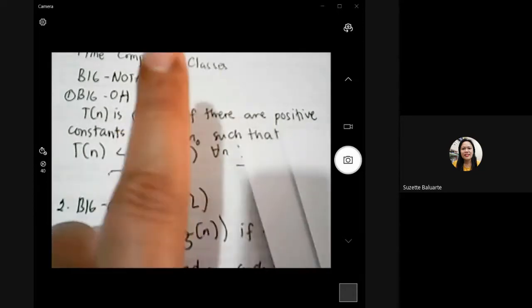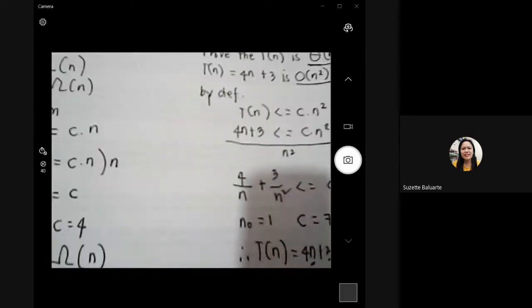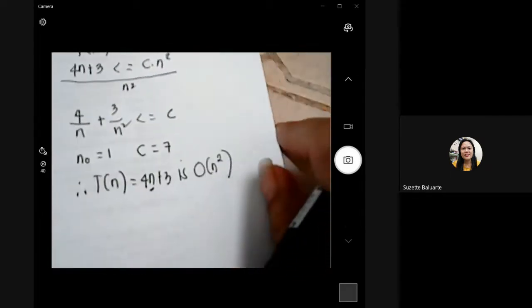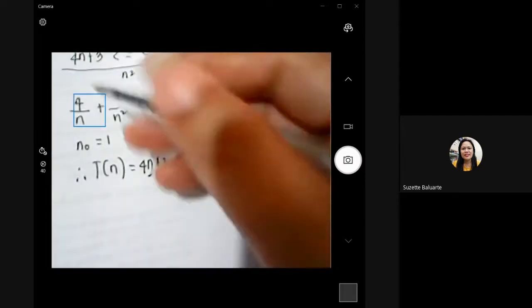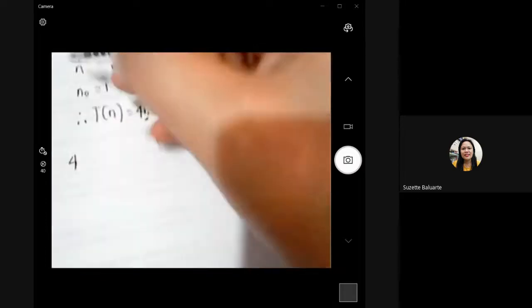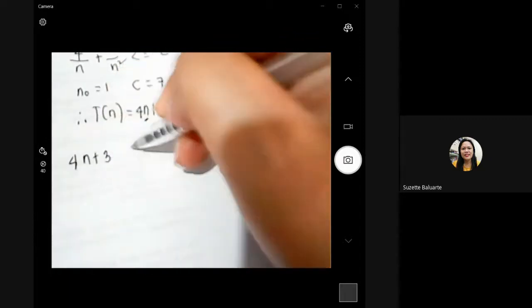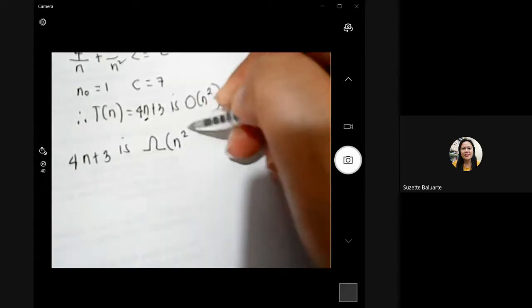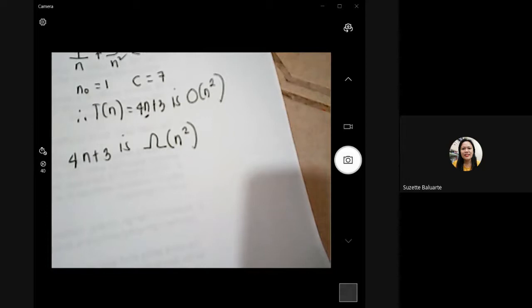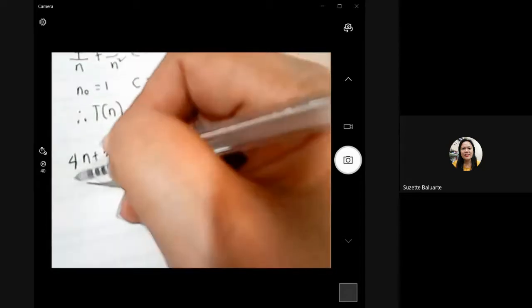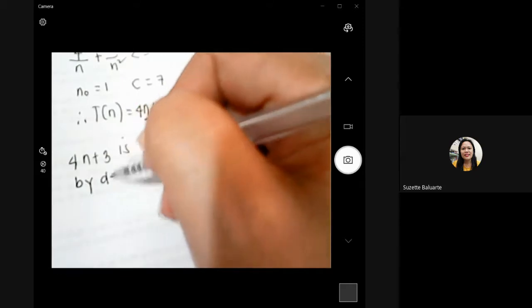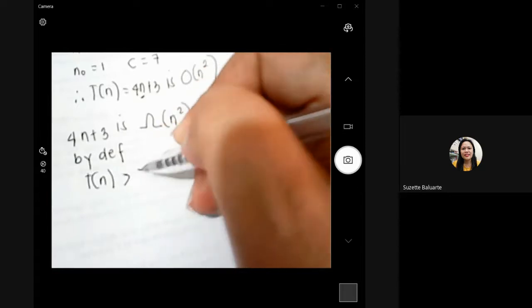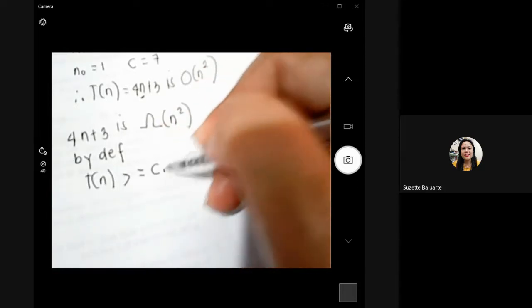Let's try to prove whether it is big omega. Let's go back: 4n plus 3 is big omega of n squared. By definition, T of n is greater than or equals to C of n squared.